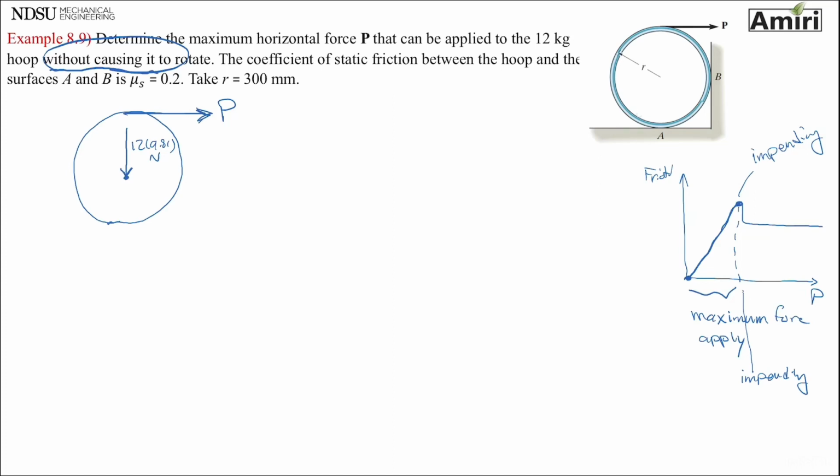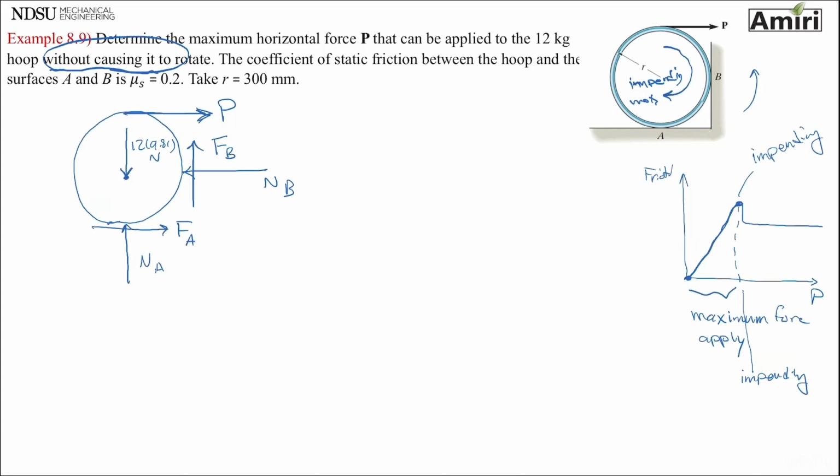Point B has a normal force. Point A has a normal force. And if I apply force P, it is going to cause an impending motion this way. So friction on both surfaces is going to be opposite that direction. So I'm going to have a friction at point B and a friction at point A like that.